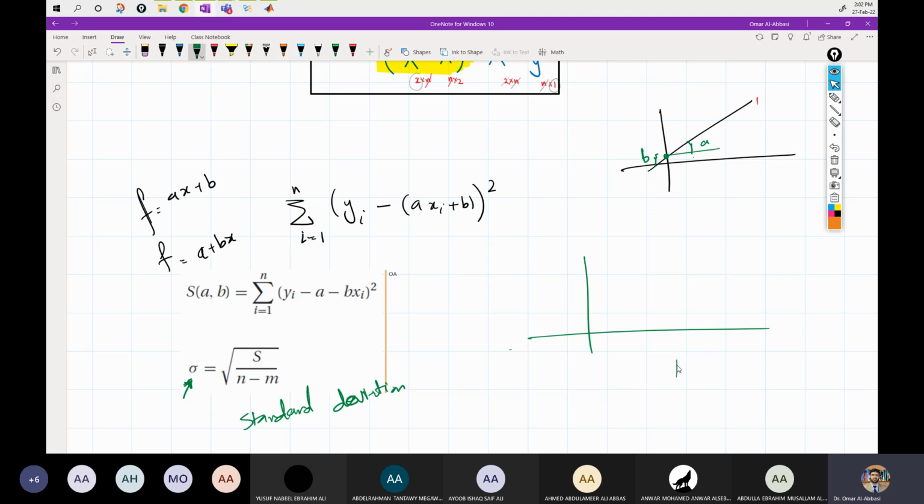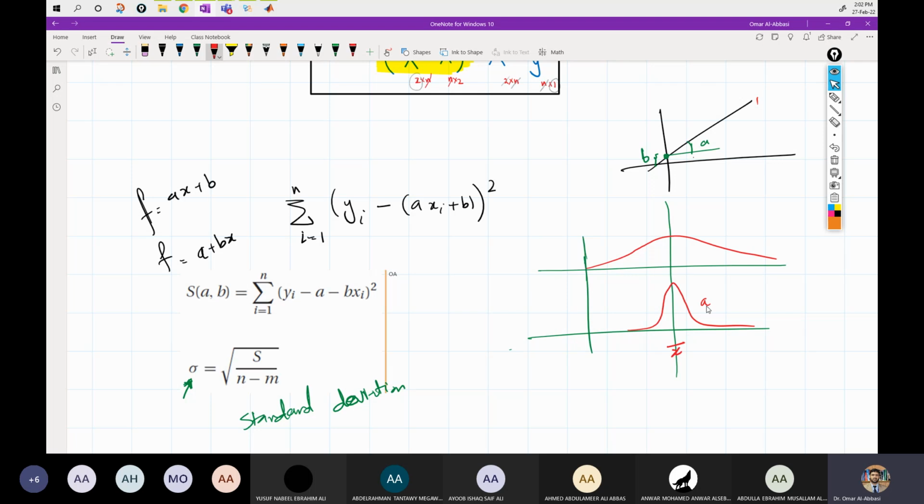Suppose I have the following data points. Both of them have the same mean, X bar is exactly the same.